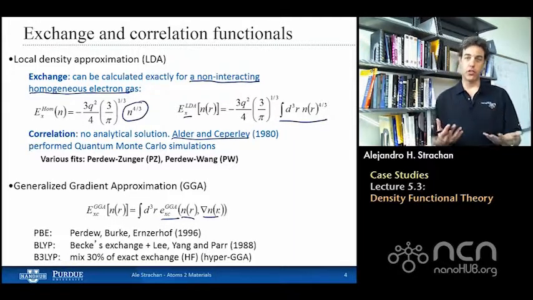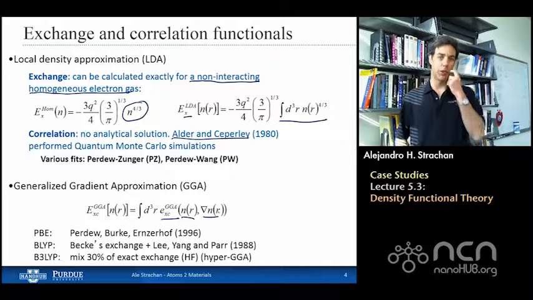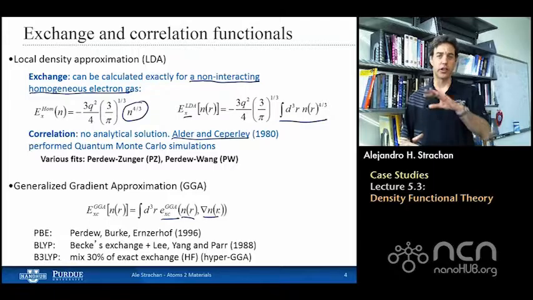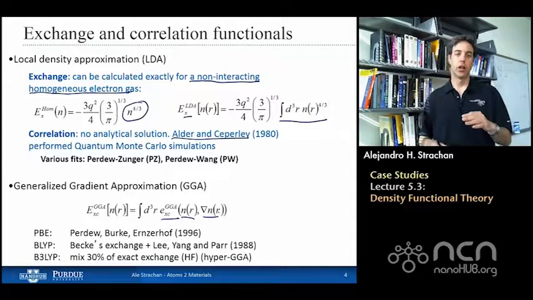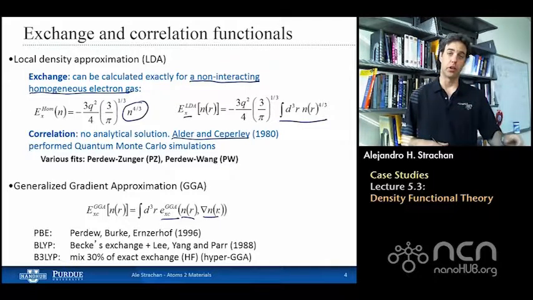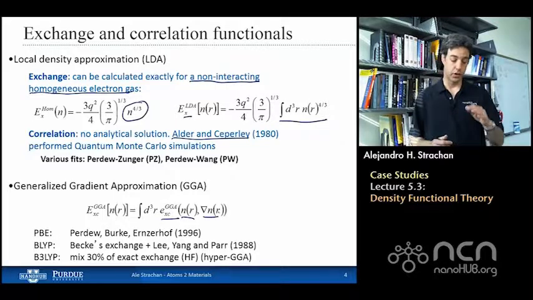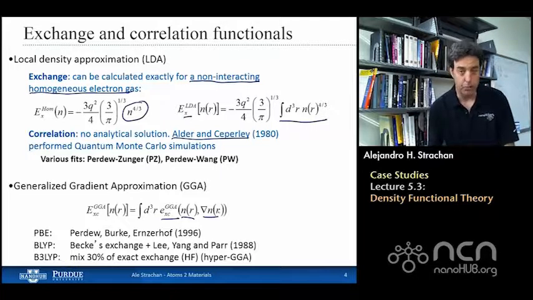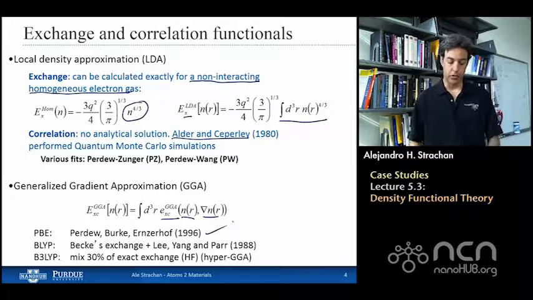And these GGA functionals work a little bit better than LDA, especially for things like defects, where you would expect faster variations of density. There are different parameterizations. Okay, one that's very popular is called PBE from '96, but there are others.